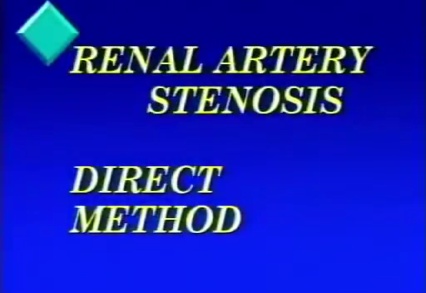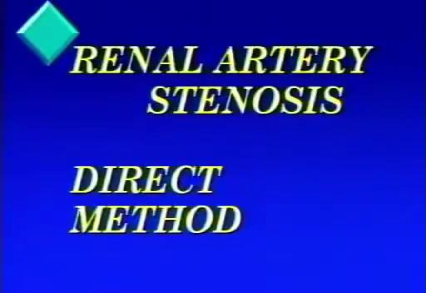So now that we've talked a little bit about the applications of duplex evaluation of the renal arteries, and the different types of hypertension and the reason that we evaluate renal arteries for patients with hypertension, let's talk a little bit about the different methods.